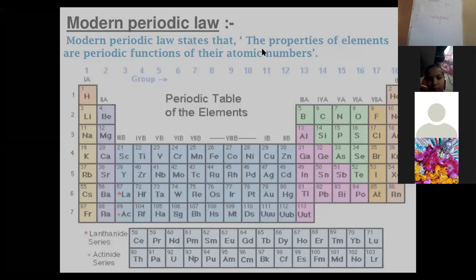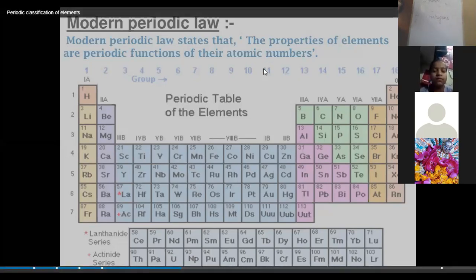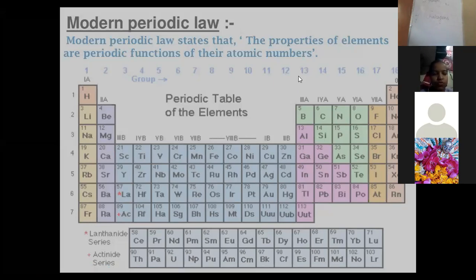Now we have to see whether the limitations of Mendeleev's periodic table have been removed in the modern periodic table. The first limitation of Mendeleev's periodic table was that Mendeleev was not able to assign a proper place to hydrogen.